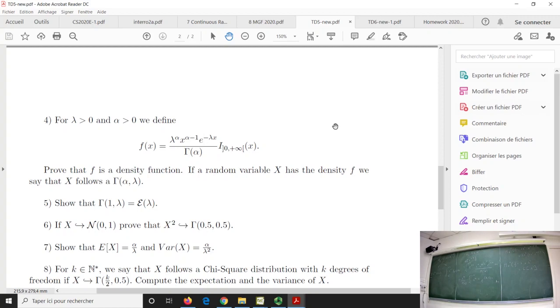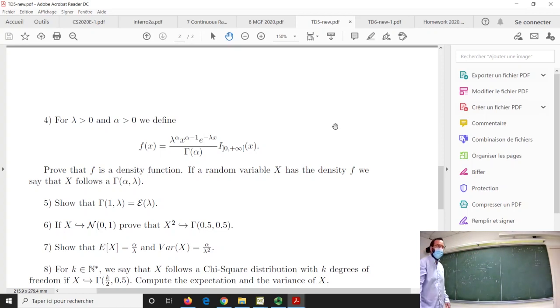But from what we have done in exercise 5, we have seen together that the integral between 0 and plus infinity of x to the alpha minus 1, exponential minus lambda x dx, is equal to gamma of alpha over lambda to the alpha. I have a condition to make this integral well defined: alpha is strictly positive and lambda is strictly positive. It's the way I have defined the density function.